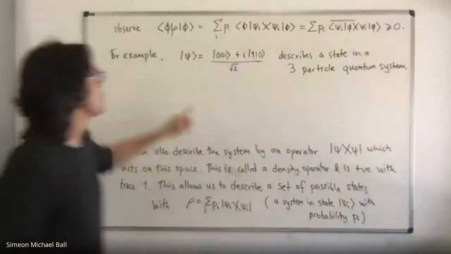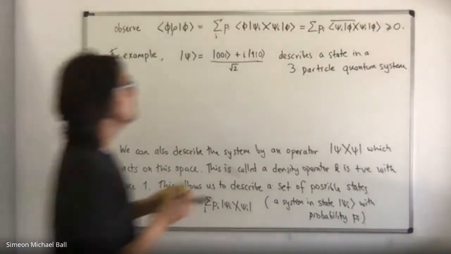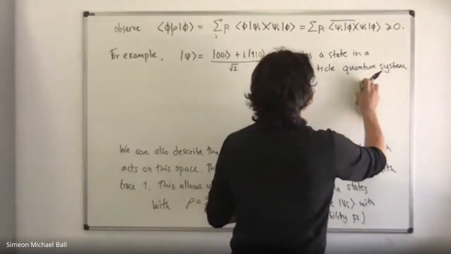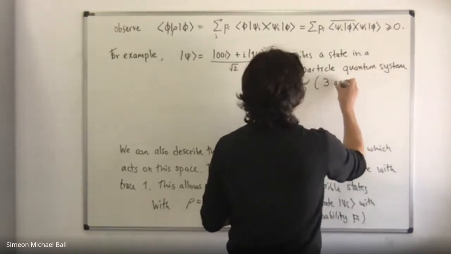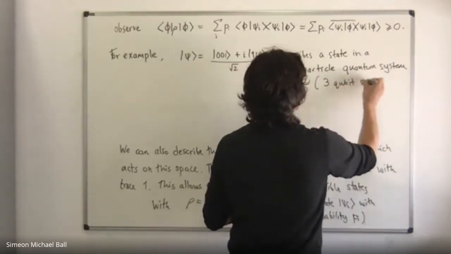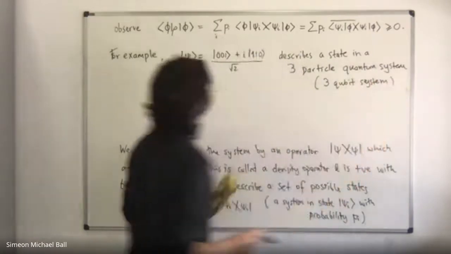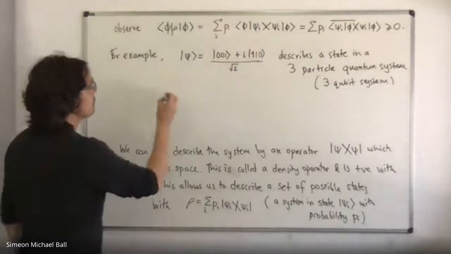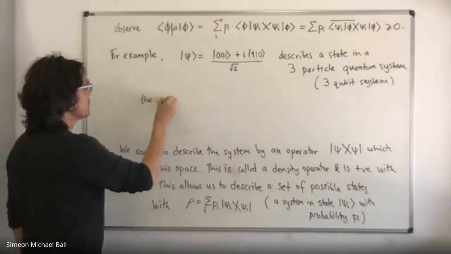Okay, so this will describe, say, a three-particle system. Or three cubes. Maybe better to say three cubes. And we call the coefficients... the coefficients are sometimes called amplitudes.